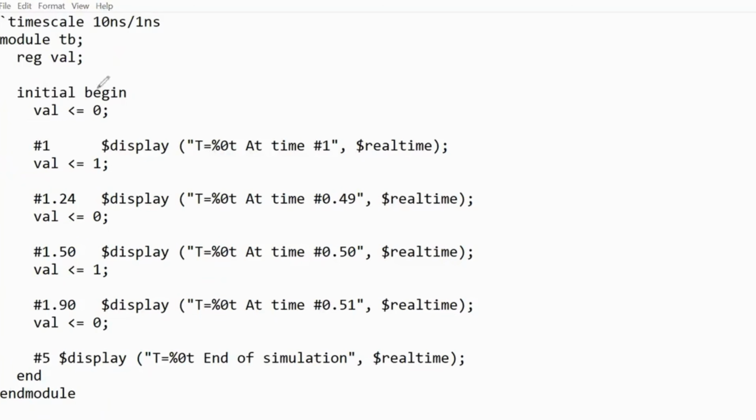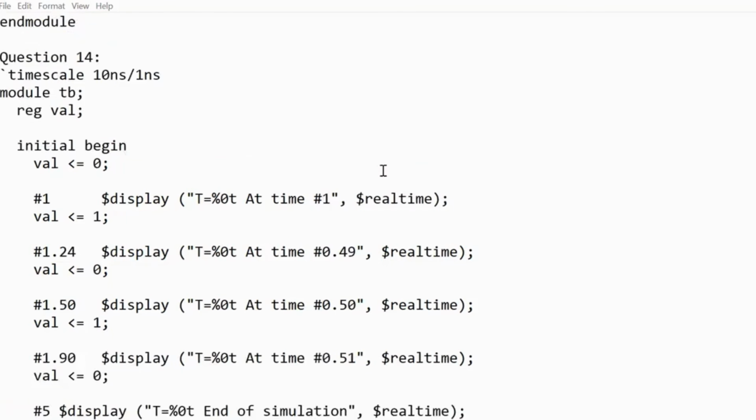First of all, does everyone know this timescale concept? No, ma'am. Okay, see here. 10 nanoseconds by 1 nanosecond. Time unit, time precision. So the time unit will be divided by the time precision.